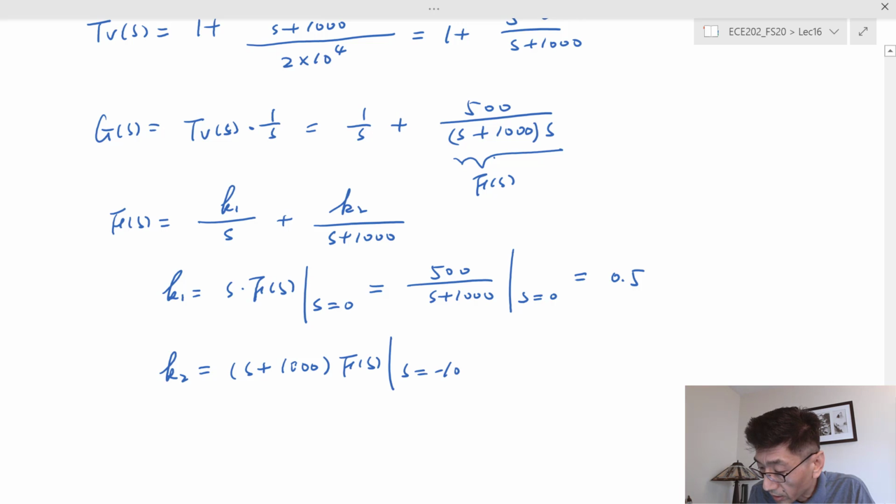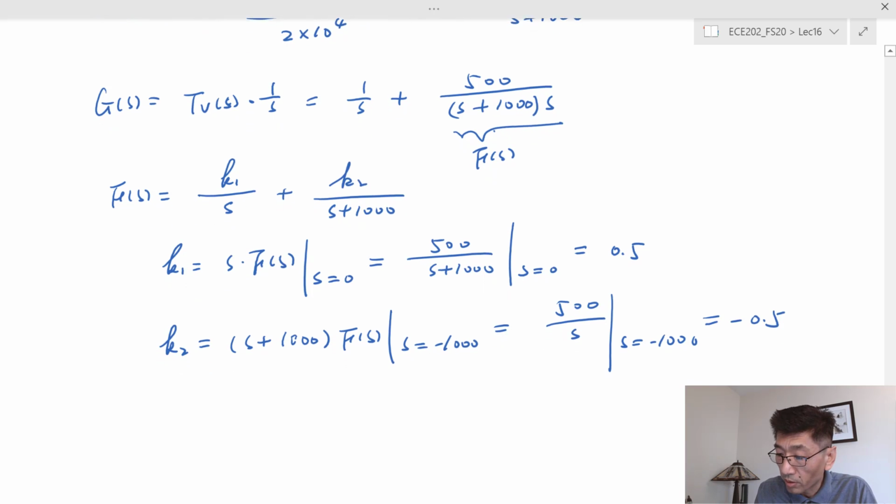And in this case, we have s equal to -1000. So we have 500 divided by s, evaluated at s equal to -1000, and without any surprise, that's equal to -0.5.